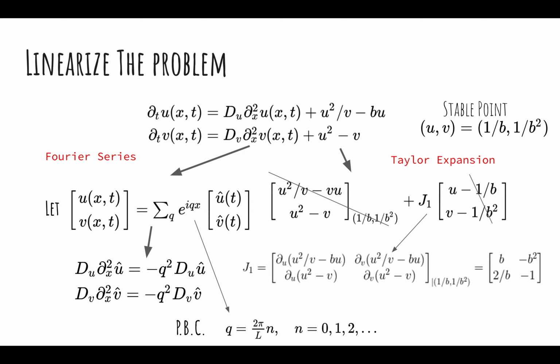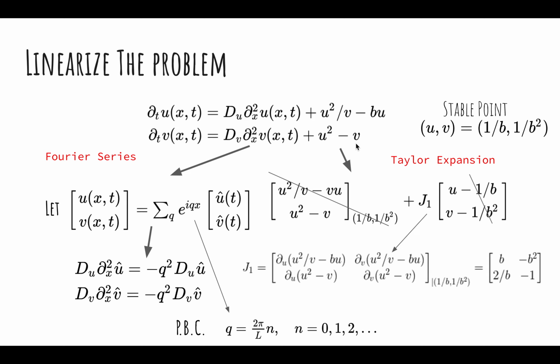The spatial part is sort of a sinusoidal function, and if we write it like this for each mode, the x derivative becomes i times q, so squared becomes minus q squared, and likewise for v. So we can see that these two terms become two linear terms: a constant times u, a constant times v. So now we've turned the whole equation into a linear equation.